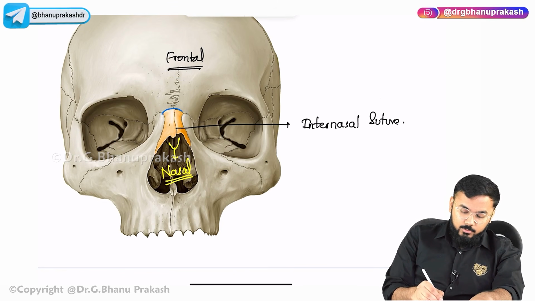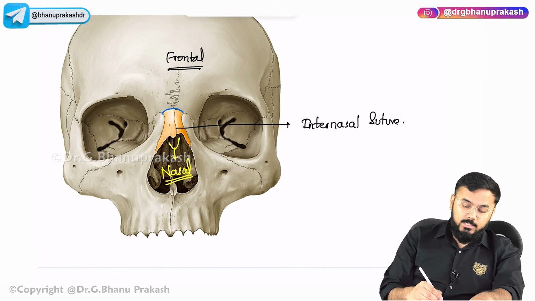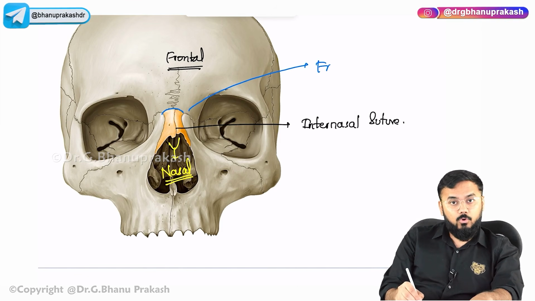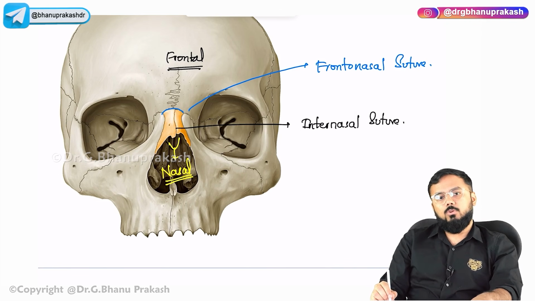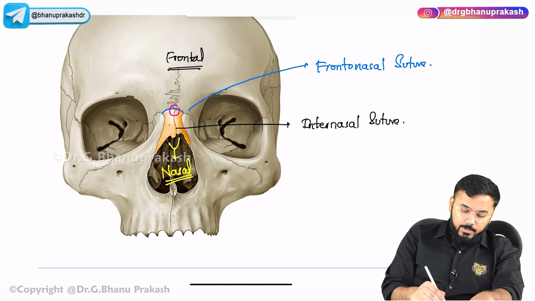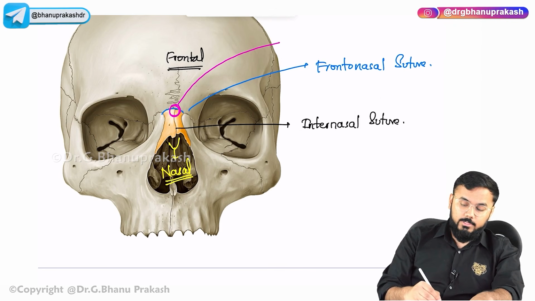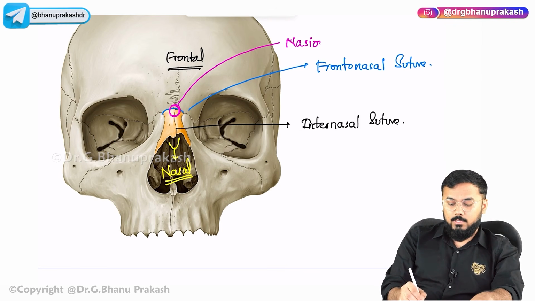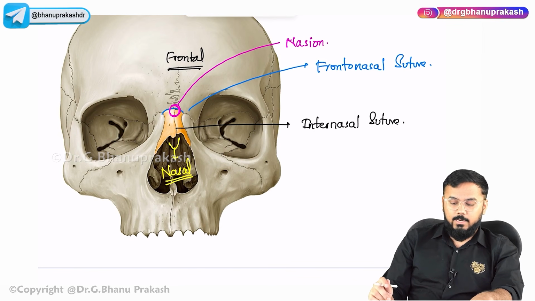This suture is separating the frontal bone from the nasal bone, so it is called the frontonasal suture. And this particular point over here is called your nasion. So frontonasal suture, internasal suture, and that point over there is called your nasion.